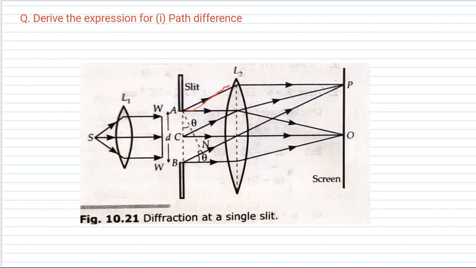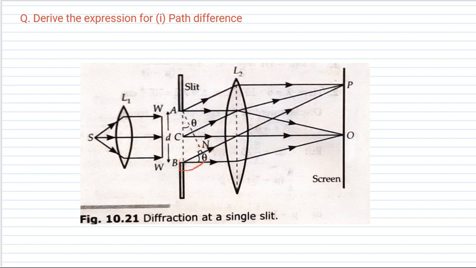If you focus this light, let us say on the point P, there is a path difference coming into the picture. The light which moves from point A and the light which starts from point B do not cover the same path. Therefore, a path difference comes into this picture.